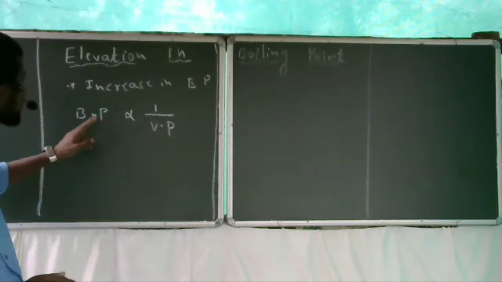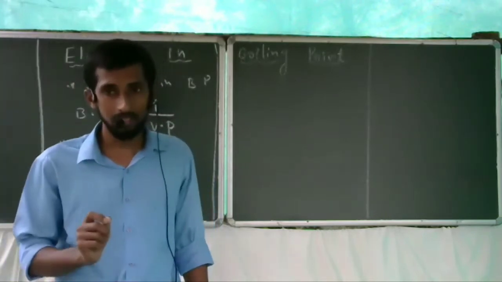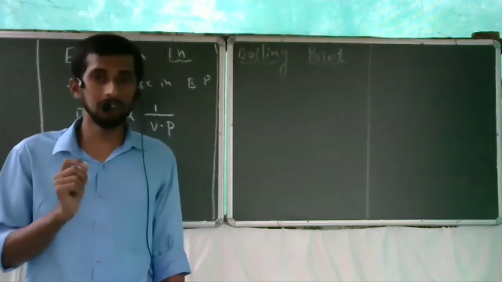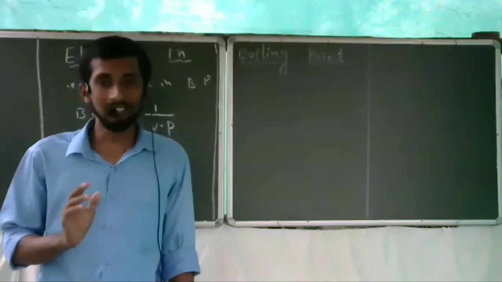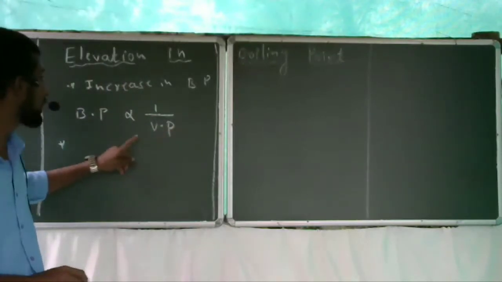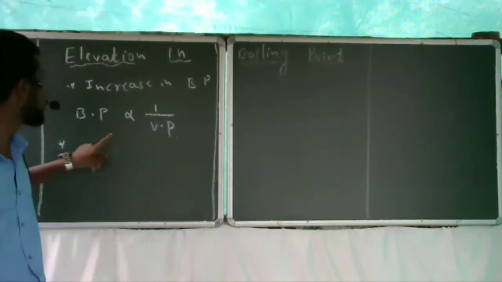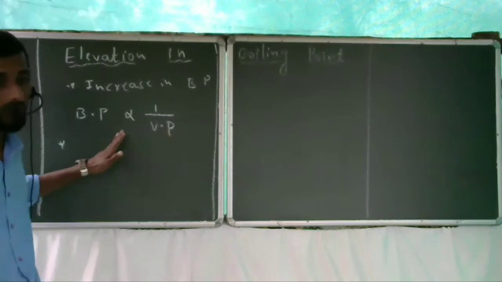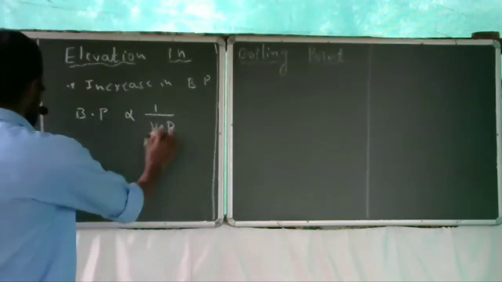So the vapor pressure of the solution decreases, and since vapor pressure decreases, the boiling point of the solution increases, because vapor pressure and boiling point are inversely proportional. Later we'll discuss that factor once again.